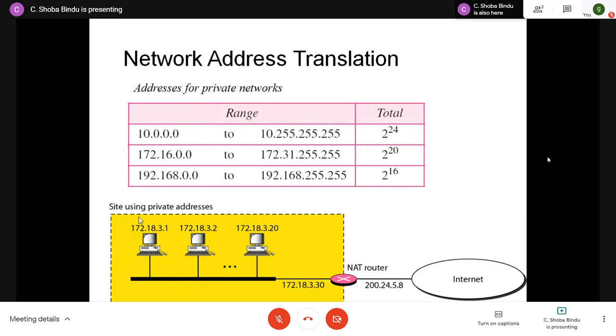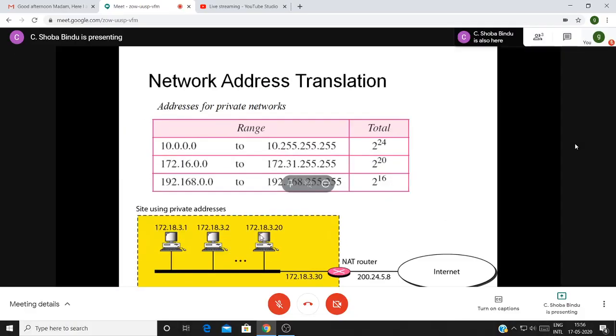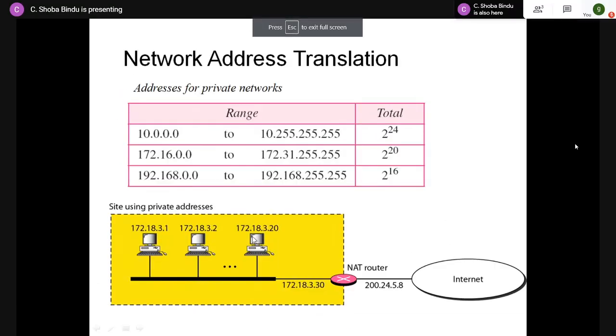All these nodes can directly communicate within their organization, but when they want to communicate to the outside world, this can be done only by making use of this router. Whenever they have data to be transmitted to the outside world, they create a packet with this as the source address and the public IP of the other node as the destination address, and that will get to the router here.